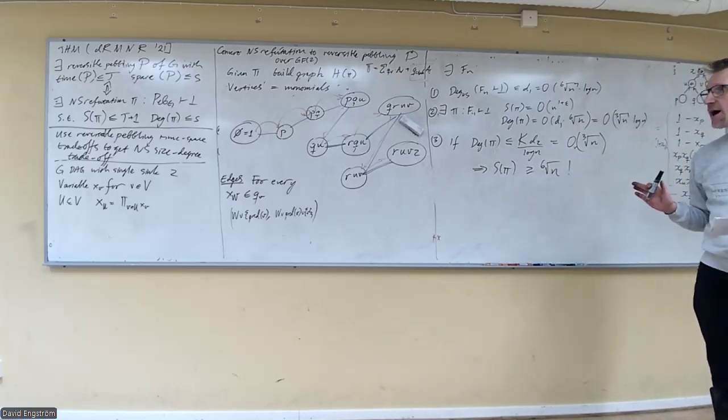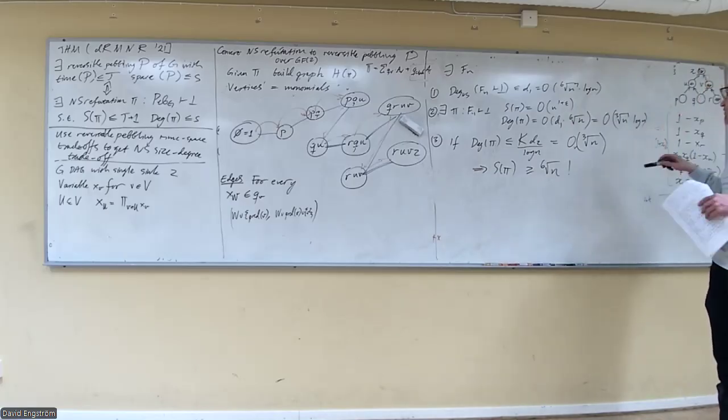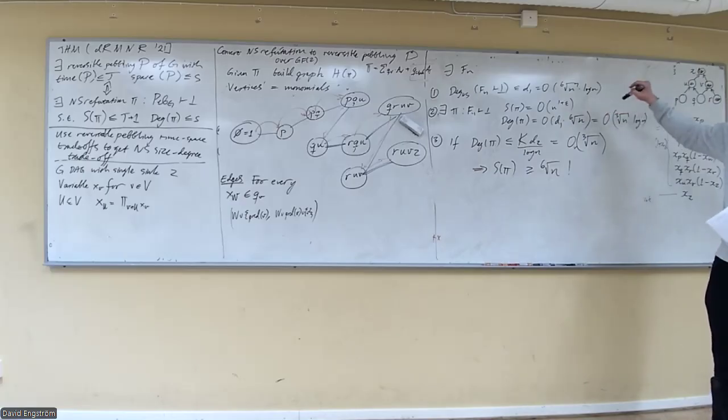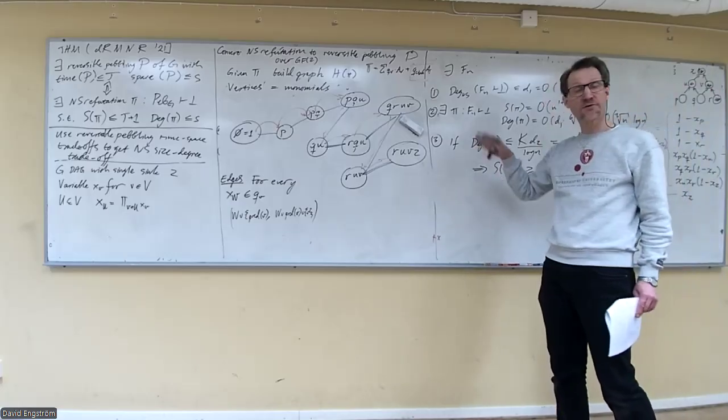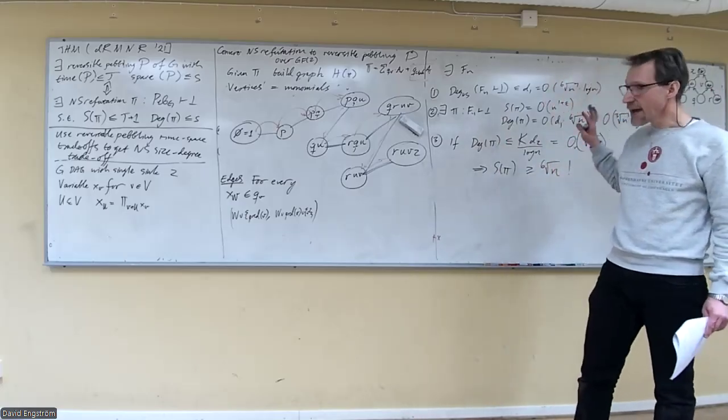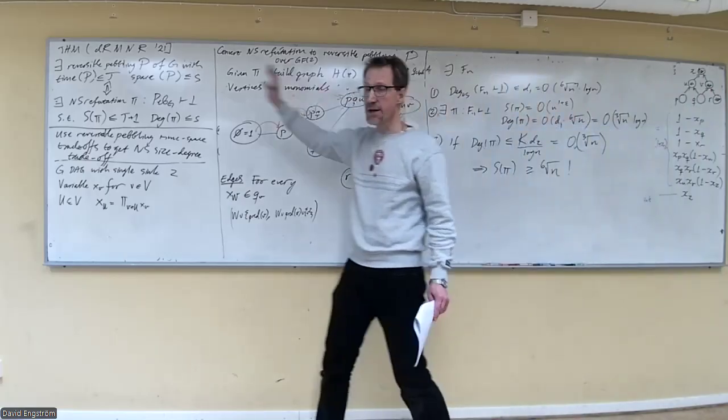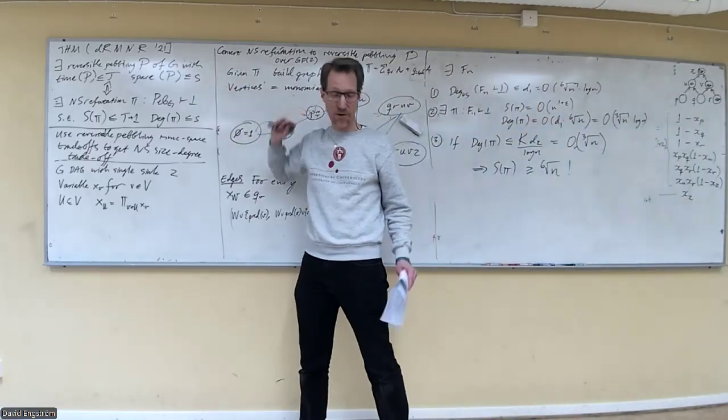What would be nice to have are tighter trade-offs, in particular getting rid of all these logs. There are really tight pebbling trade-offs for black pebbling and for black-white pebbling, for reversible pebbling not so much. Any such improved results would immediately get better Nullstellensatz trade-offs.